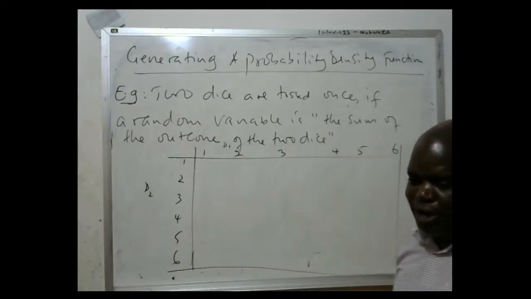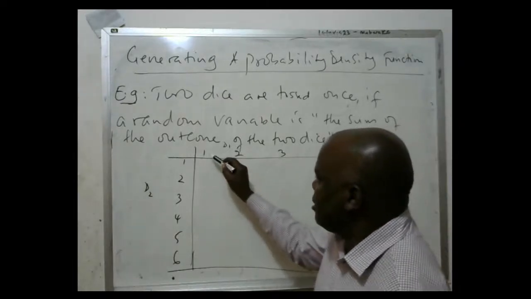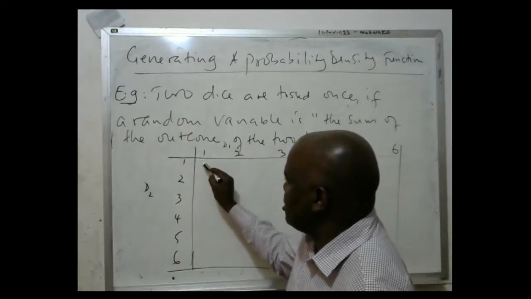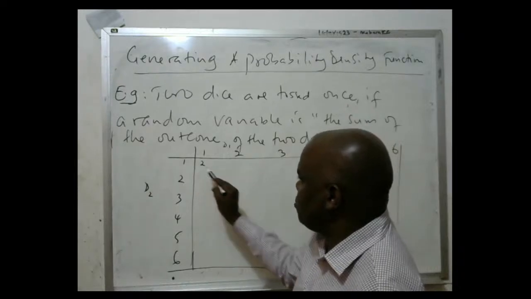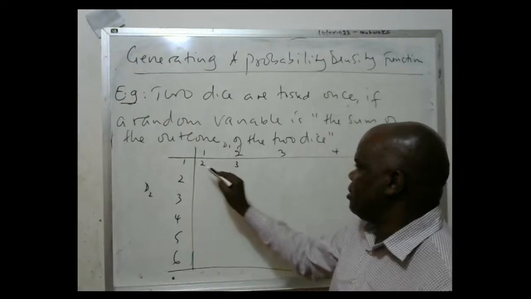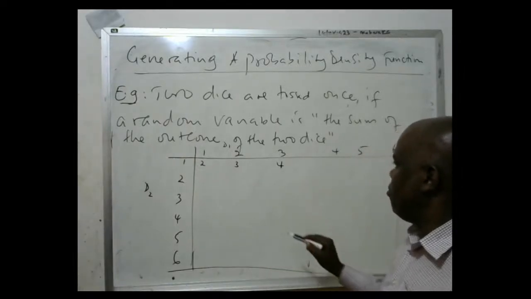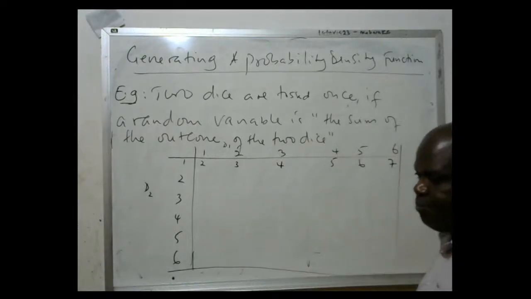Now, our interest is the sum of the outcomes. So if one die gives us 1 and the other one gives us 1, its sum will be 2. If the other one gives us 2 and the first gives us 1, its sum will be 3. If this one gives us 3 and this one gives us 1, its sum will be 4. Onwards, this will be 5, 6, and 7.